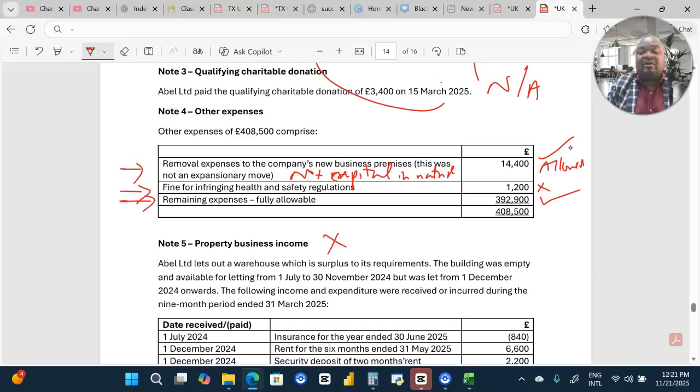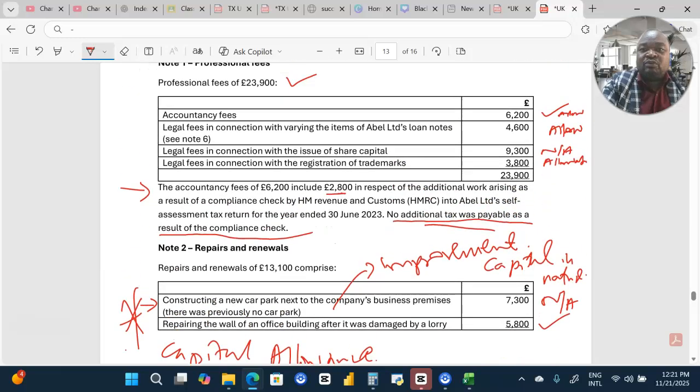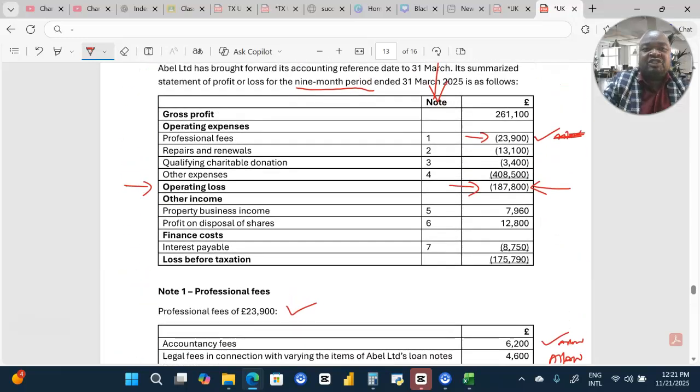So if they were allowable, but this time around, don't put a zero. Hold on. Don't put a zero this time around. Oh, yes, you still need to put a zero. Why? Because they are still above that amount, the loss.